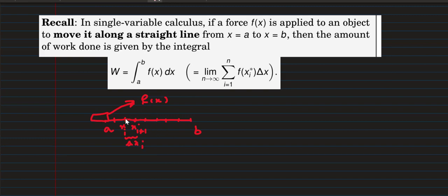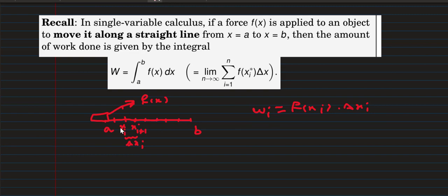The work at point i is equal to the multiplication of the force f(xi) and the distance delta xi.